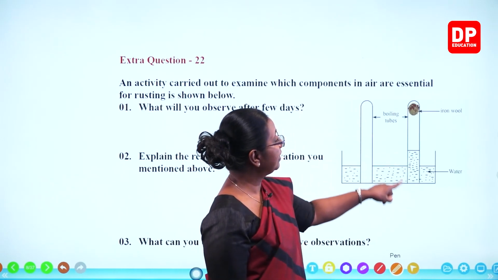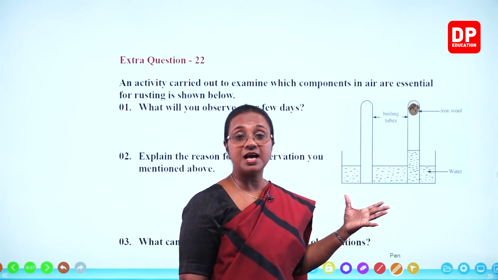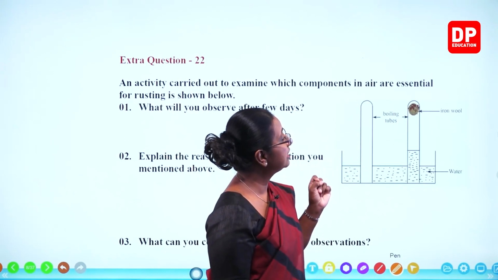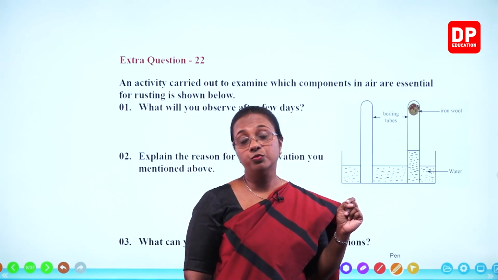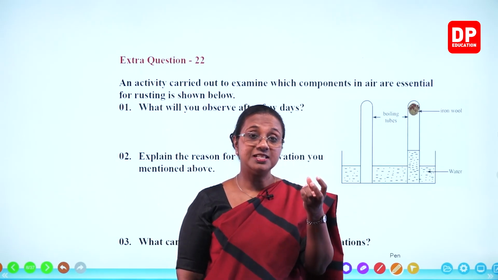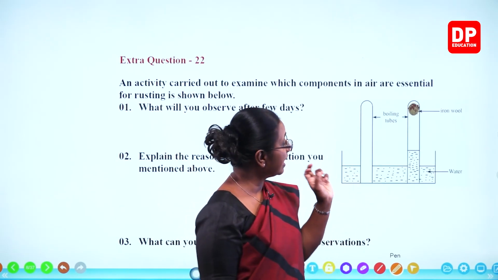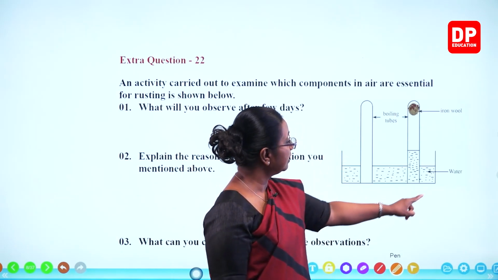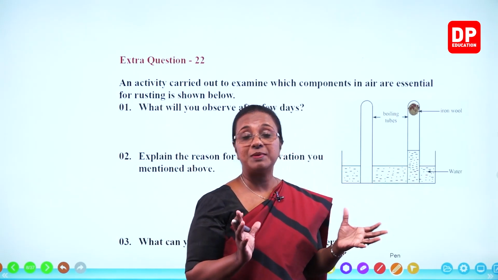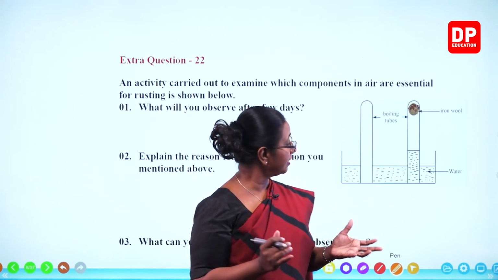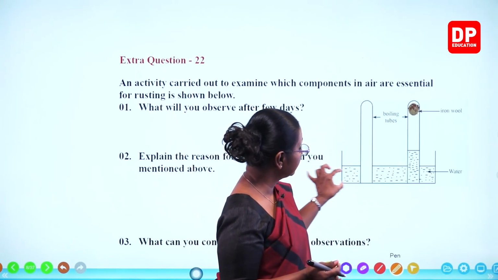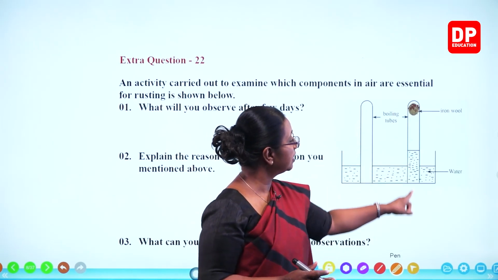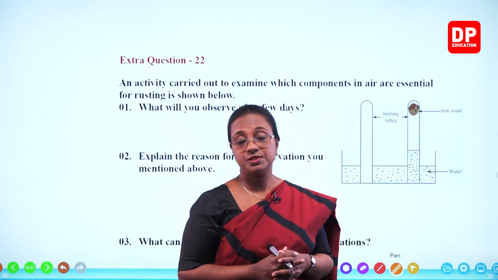We take two boiling tubes of the same size. Then into one boiling tube, we insert iron wool. You all have seen this iron mesh or iron wool that is inserted into one boiling tube. Then we take a container, a small vessel, a plastic cup with a certain amount of water, and in that we invert both the boiling tubes.